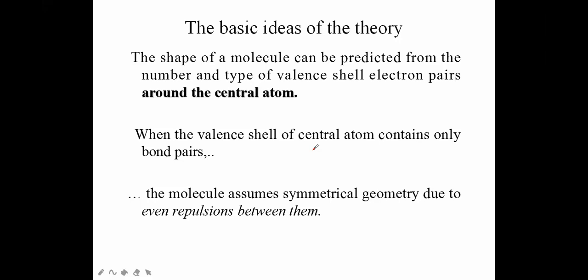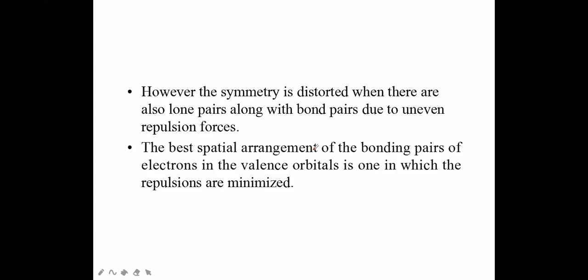The Lewis structure will tell us which electrons are bonded and which ones are lone pairs. Then from there we ensure that the lone pair will have the greatest distance away from the bonded pairs.